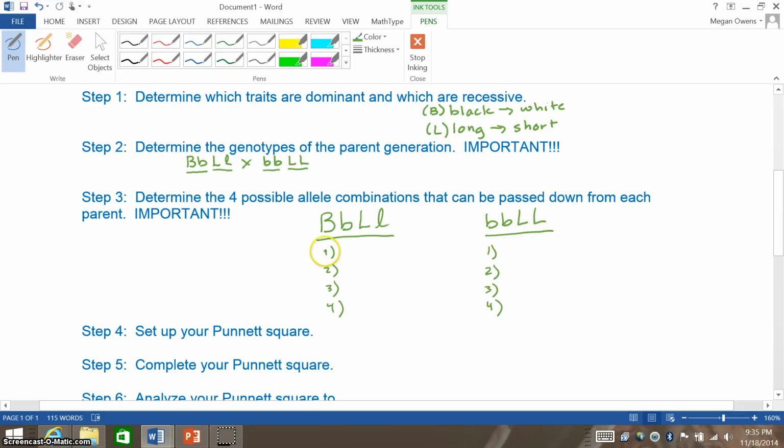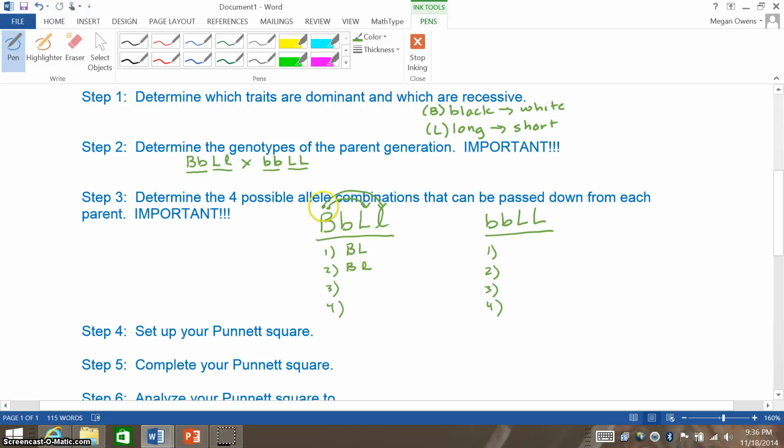I need to make sure each allele combination contains an allele for coat color, so a letter B, and then an allele for coat length, letter L. So I start with my letter B here, and my first possible combination, I take the first B and go to the first L. So my first combination would be big B, big L. And then my second possible combination would be big B, little l.